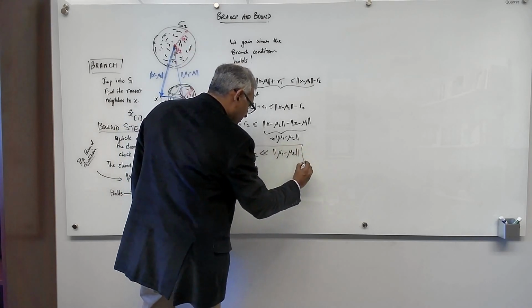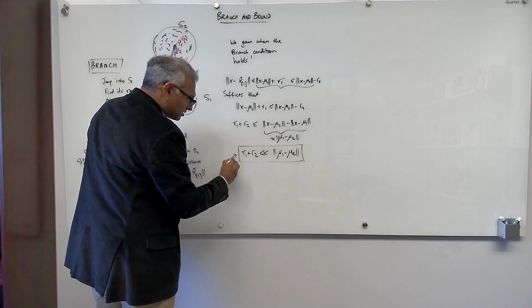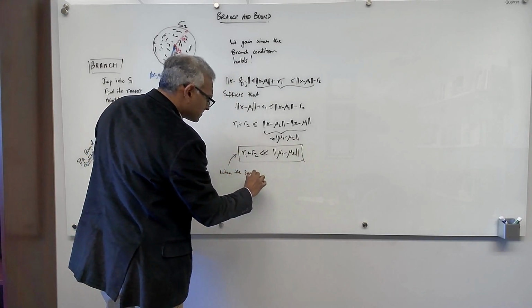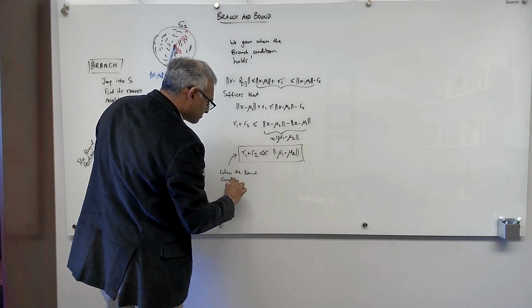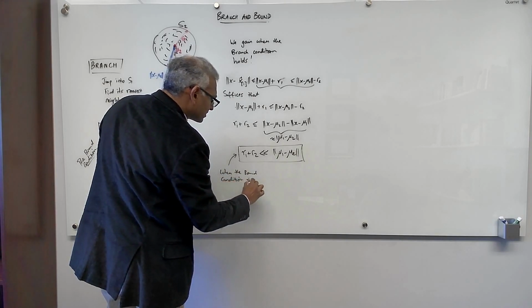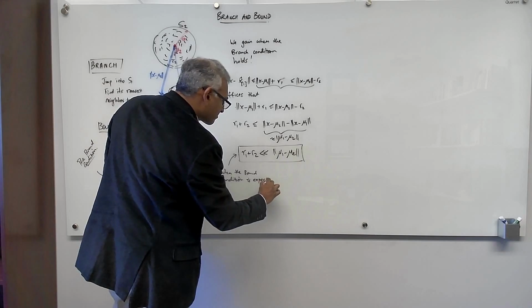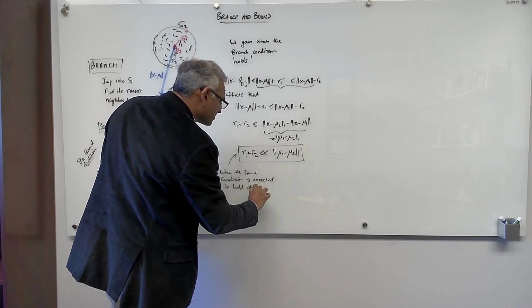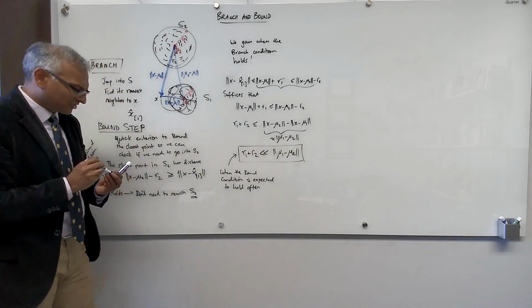I'll just box this. This is when the bound condition is expected to hold often, quote unquote often.